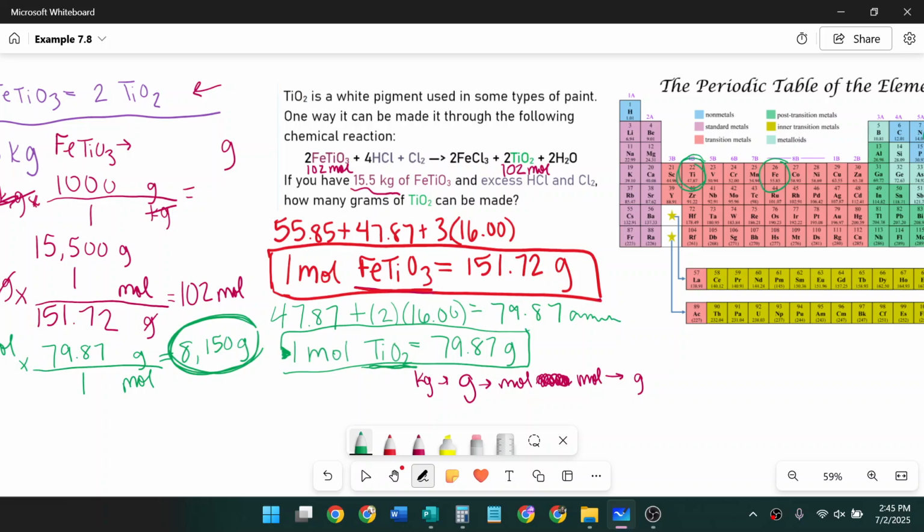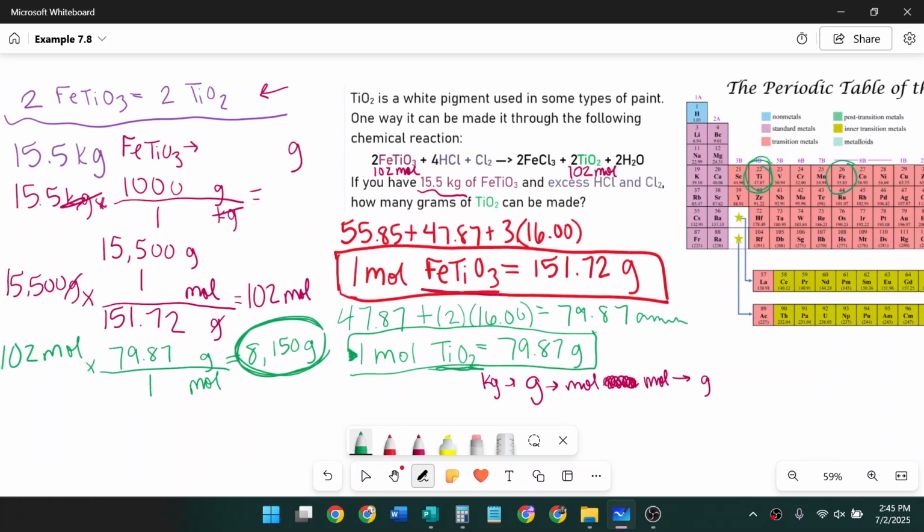Recognizing that there were 2 moles of the FeTiO3 involved in the reaction for every 2 moles of TiO2 in the products helped us to know that we had the same number of moles of this one and we're getting the same number of moles because they both have a 2. If one had been a 2 and the other had been a 3, we would have needed to use a conversion relationship to figure out how many moles we needed to start with of our product to convert it into grams.